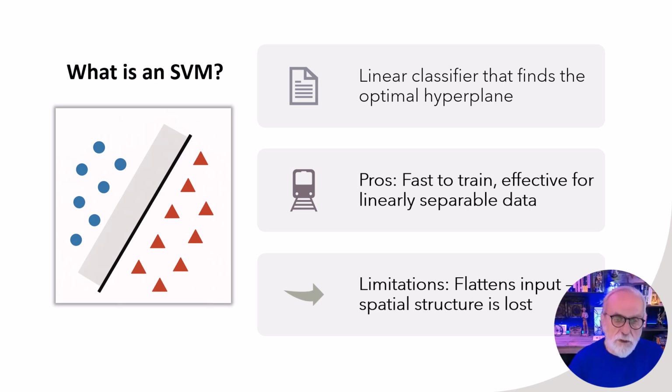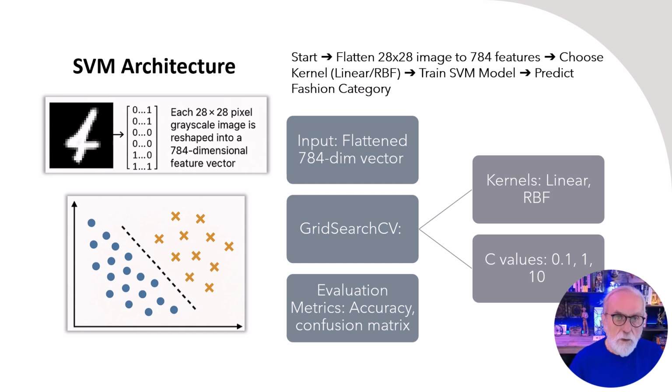This limitation is one of the main reasons deep learning models, like convolutional neural networks, CNNs, outperform SVMs for image-based tasks.